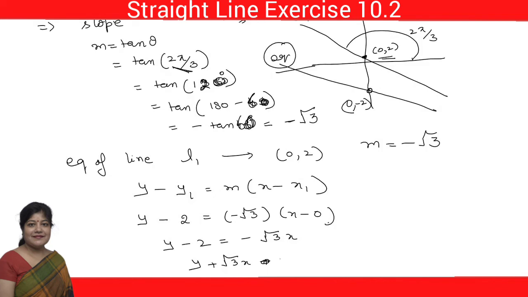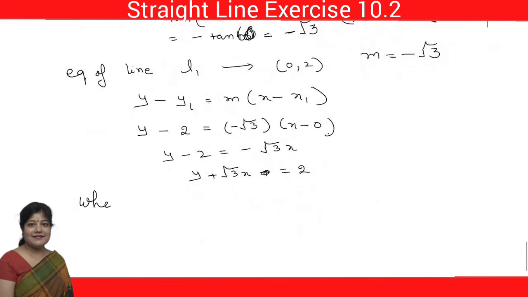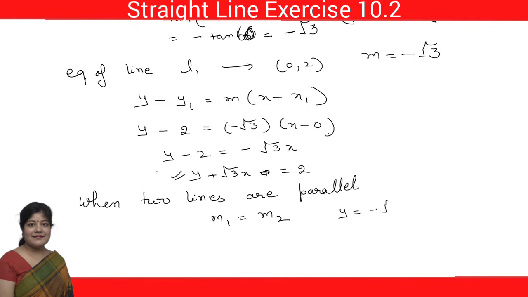So this is the equation of the line. Now when two lines are parallel, what is the relation between their slopes? They're equal. So from this line, what is the slope? Slope is minus root 3.